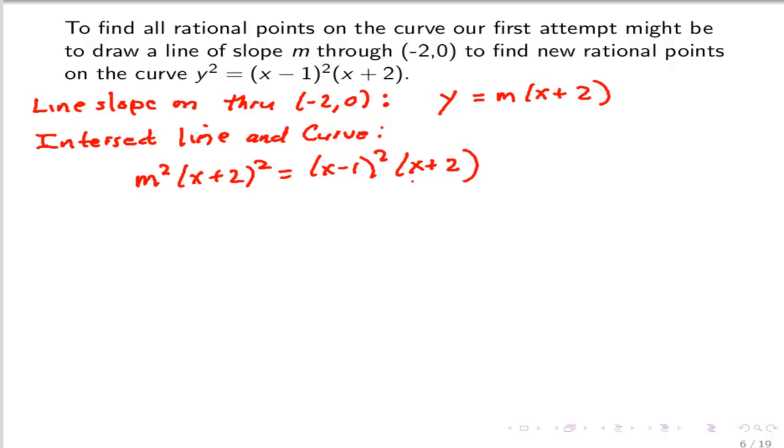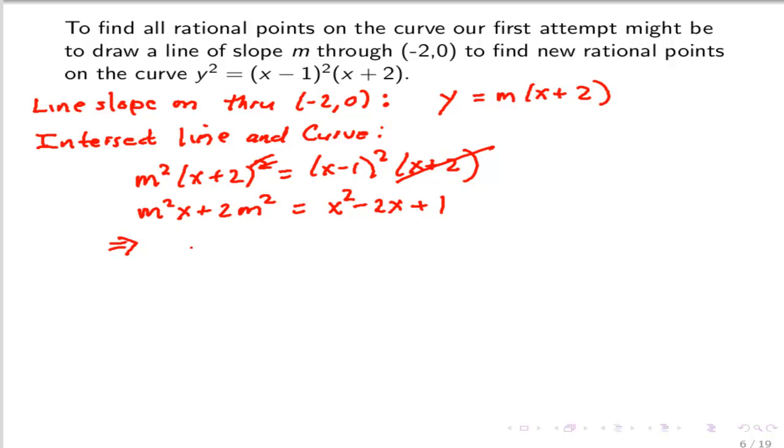Cancel out one of the x plus 2's, and we get m squared x plus 2m squared equals x squared minus 2x plus 1.